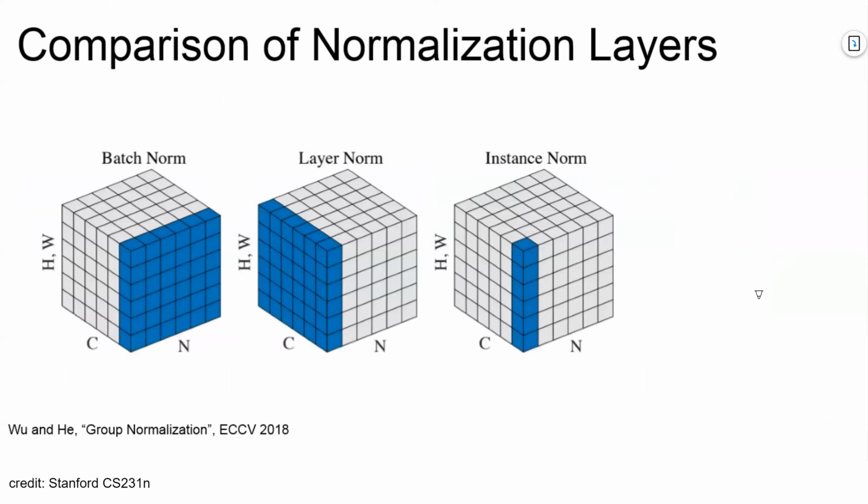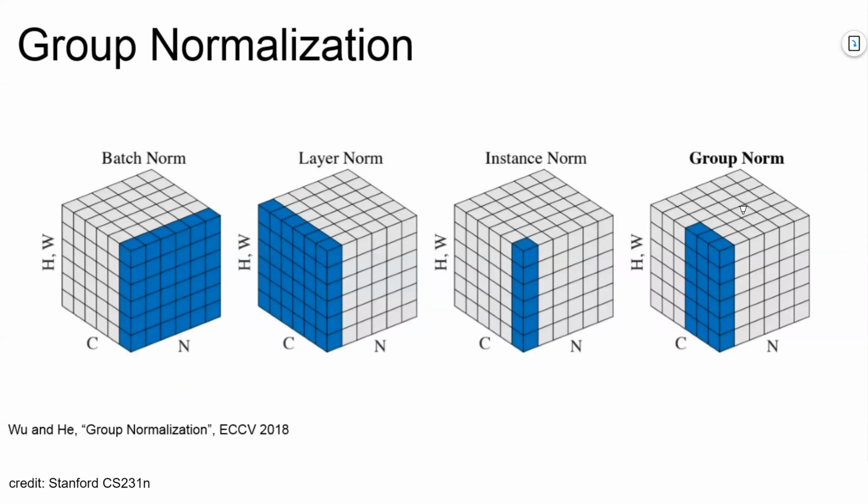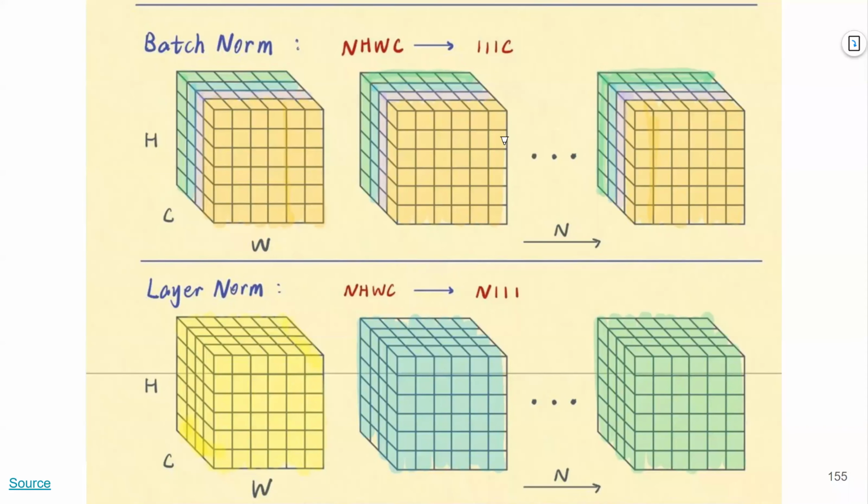And I'll show you another picture. Batch norm calculates mean and variance in this N direction, and layer normalization in this direction. So we are calculating mean and variance for each sample. And group normalization is a generalization of batch norm, layer norm, and instance norm. I'm going to show you another picture. For batch norm, we have N samples, and this one corresponds to one image.